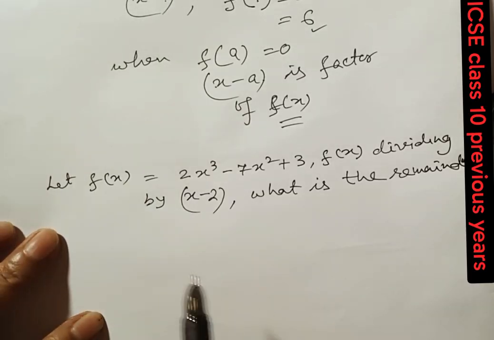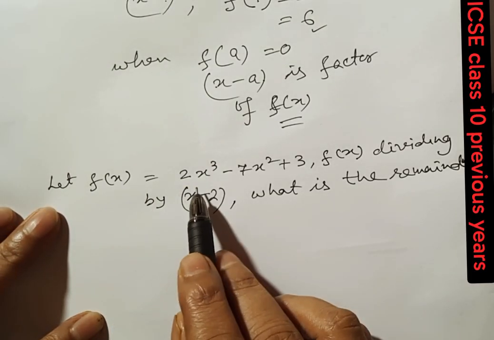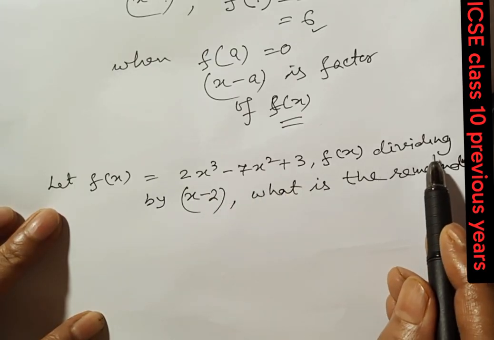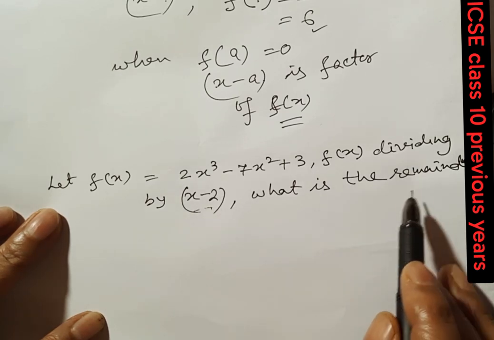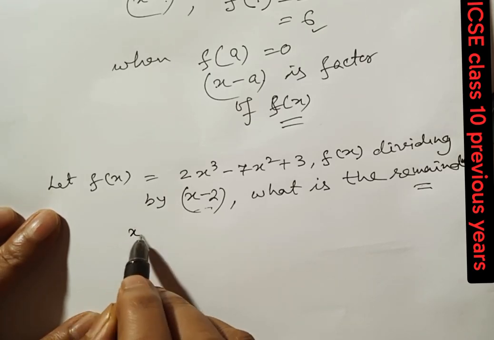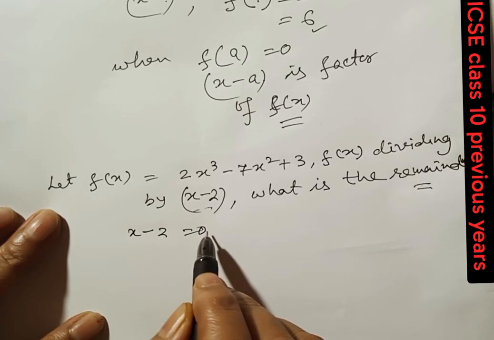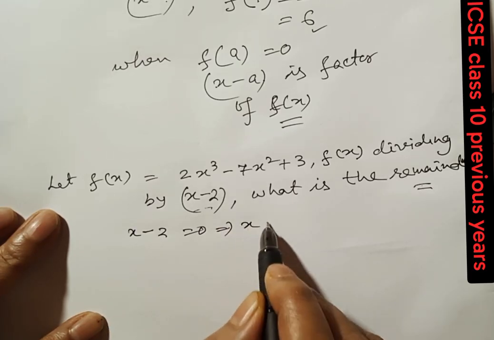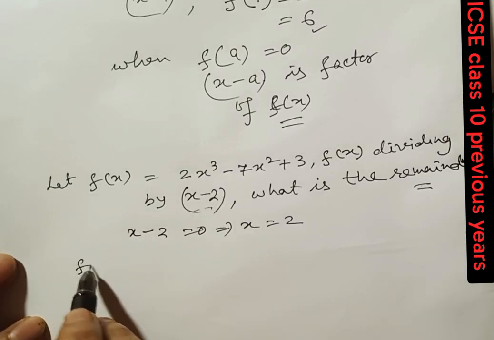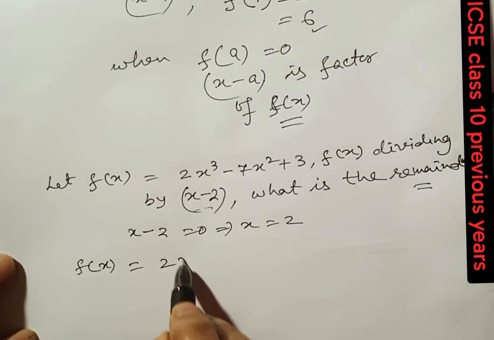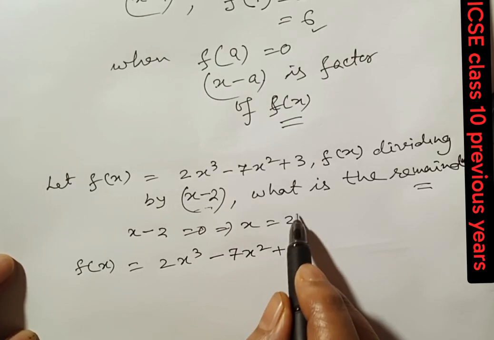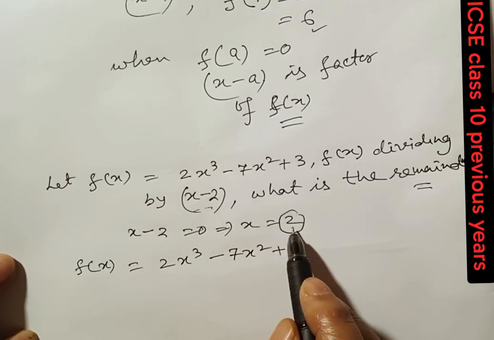So I start from here. If f(x) equal to 2x cube minus 7x square plus 3 and f(x) is divided by x minus 2, what is the remainder? From the remainder theorem, we first find the value x equal to 2. Now we put x equal to 2 in f(x).